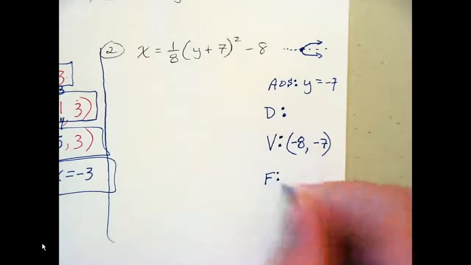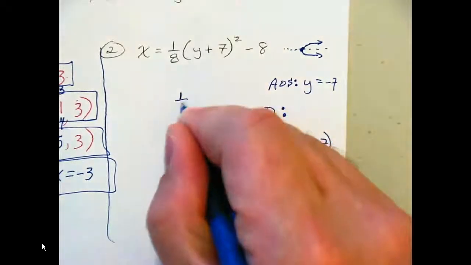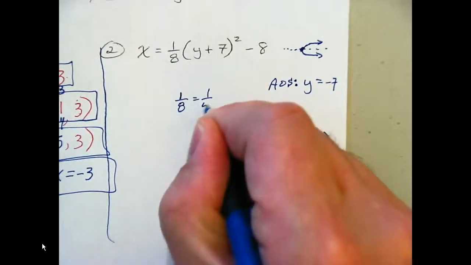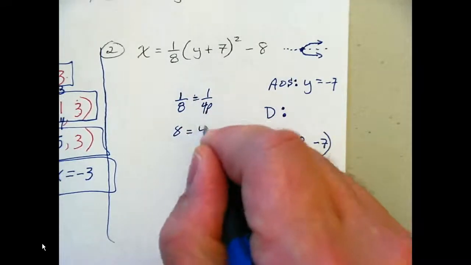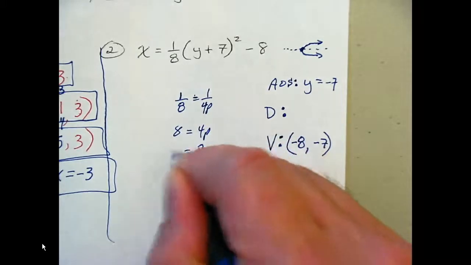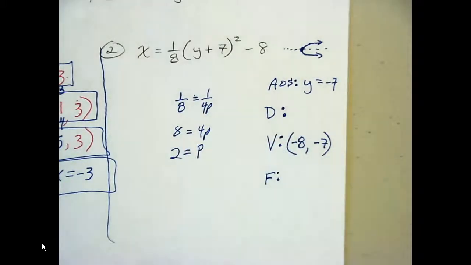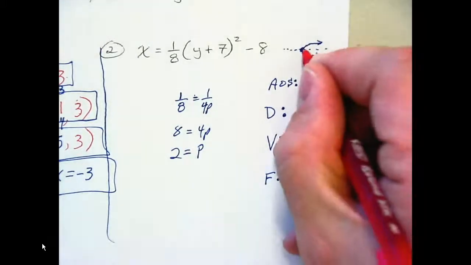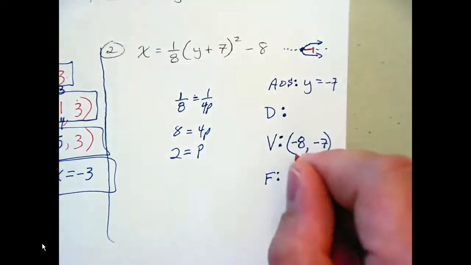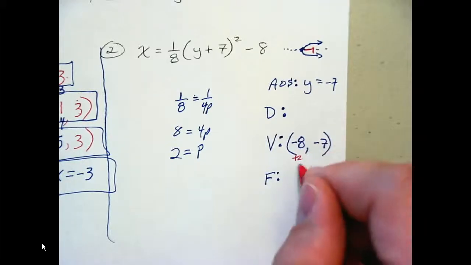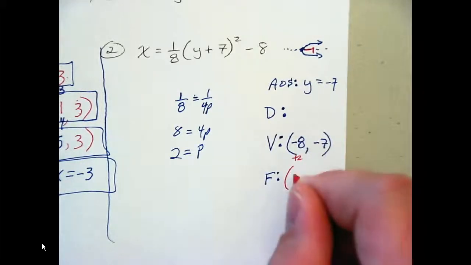In order to get the focus, I have to do this. So 8 equals 4p. So p is 2, meaning I am moving this way 2 units, meaning I'm adding 2, which gives me -6.